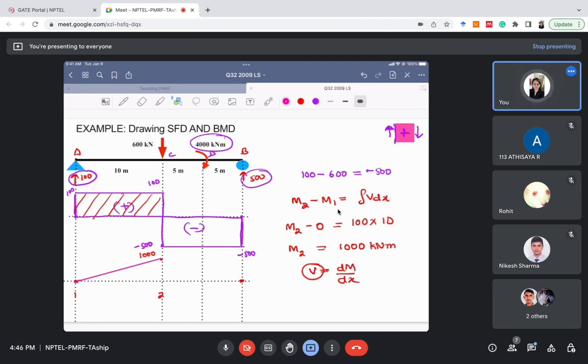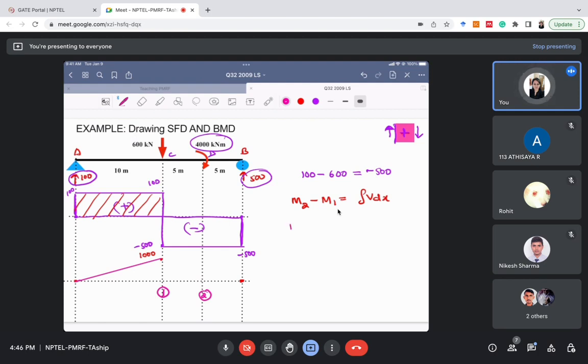Okay. Now, up till M2 we know. Now, just remove it. Let us call this section 1 and this section 2. Again we will use the same formula, M2 minus M1 equal to integral of V dx.